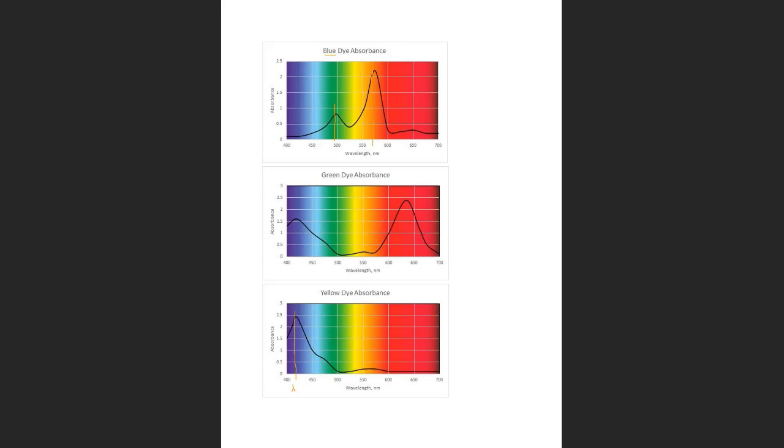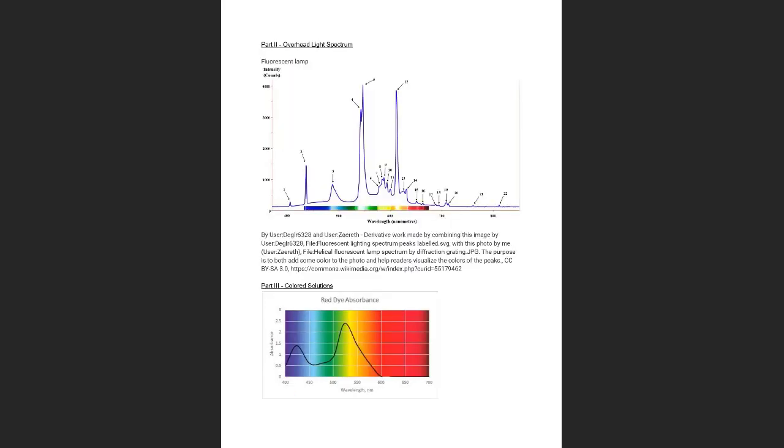So using that information, you can say, for example, let's look at the red dye. There are two peaks, one here and one here. This is the red dye, and where is the 0 absorbance?